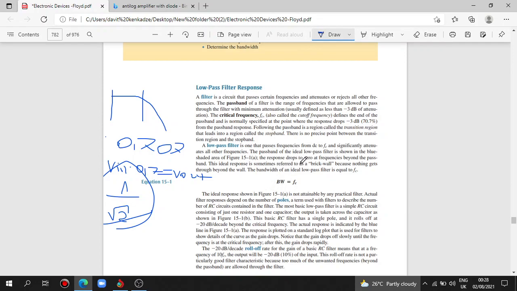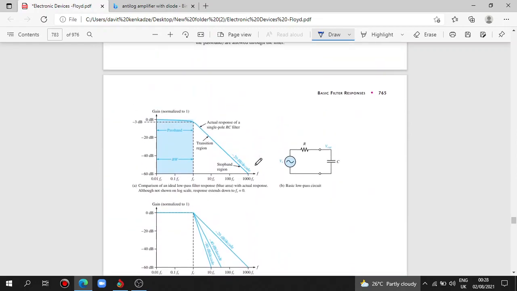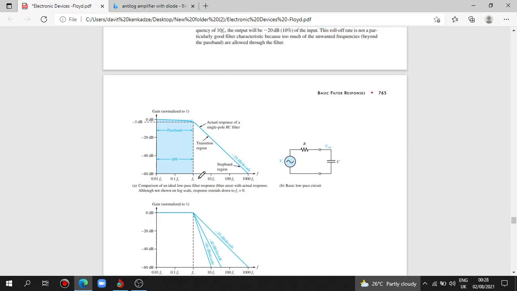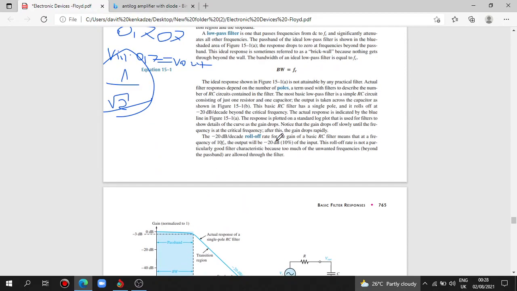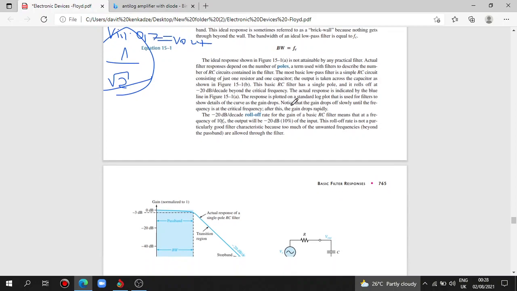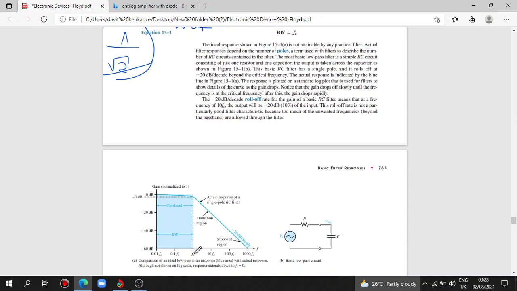The passband of an ideal low pass filter is shown in the blue shaded area of the figure. That's right. This is the passband, and this is the cutoff frequency, the critical frequency. Bandwidth is equal to the critical frequency.